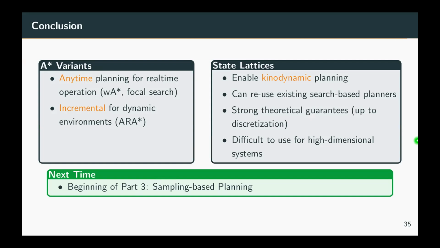And then the second big part, we looked at how we can apply A star and its variants to kinodynamic motion planning by using state lattices. We discussed what the theoretical guarantees are, what the state of the art is, which robotic systems could be handled, and also the difficulty with scalability. And next week, we will start with a different approach to motion planning, which is sampling-based motion planning, which we will work on for about 5 weeks.